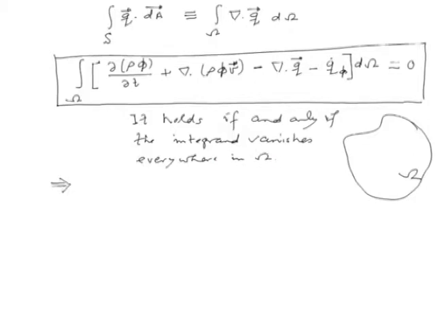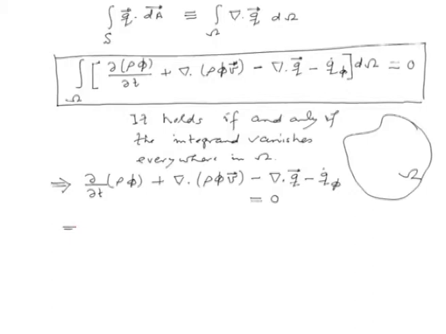That is, our time derivative of rho phi plus divergence of rho phi V minus divergence of q minus q dot phi, this is equal to 0.